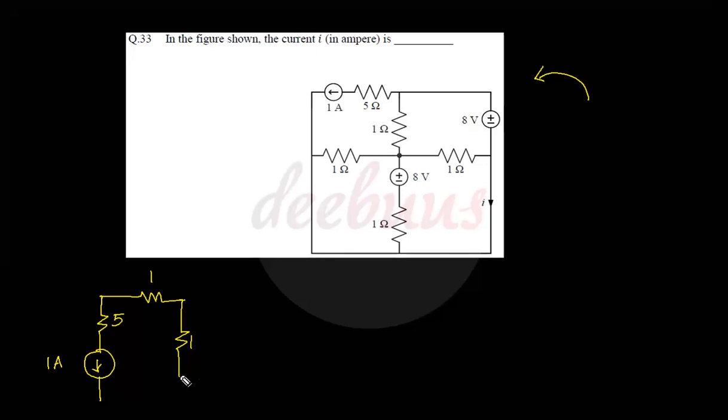Now an 8 volt is there with 1 ohm, but it is at the same potential as this 1 ohm, so I can mark it as a parallel element, plus negative 8 volt, 1 ohm. Now another 1 ohm is there, and it is terminating at this side also.